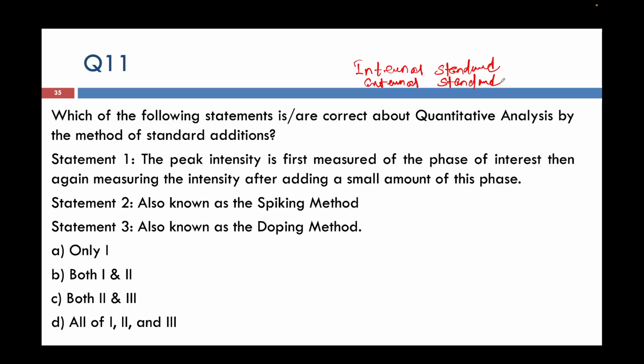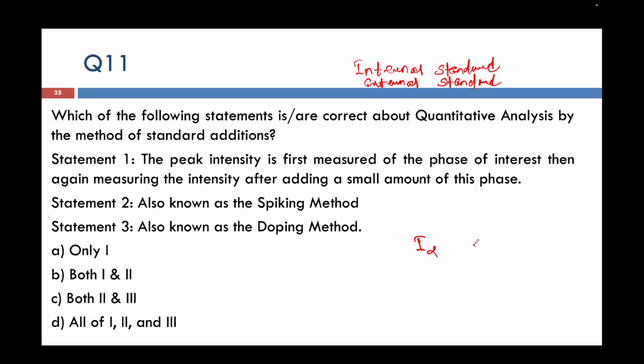That means we don't know how much intensity or phase fraction we will get by the addition of any random material. So we take our material and add some amount of known standard material to it, then we get some intensity. Let's say I alpha is the intensity of my material; after adding standard material the intensity changes.